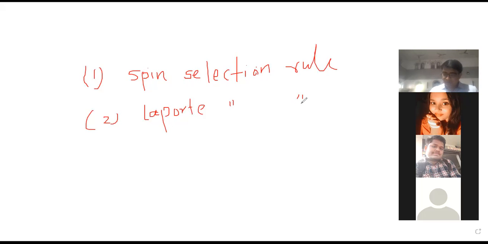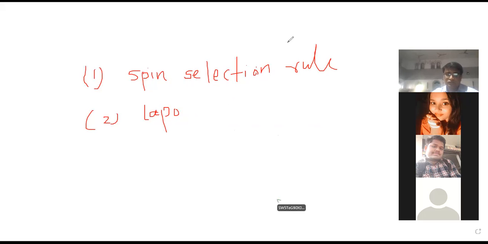Now let us have some detail of the spin selection rule. So what does this rule say?